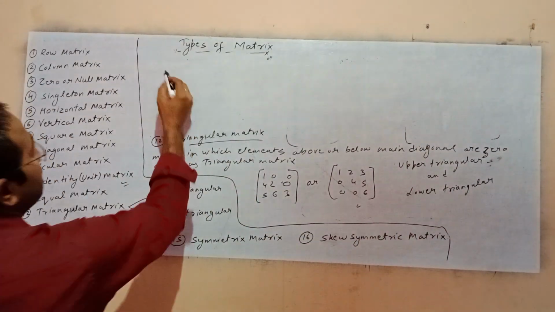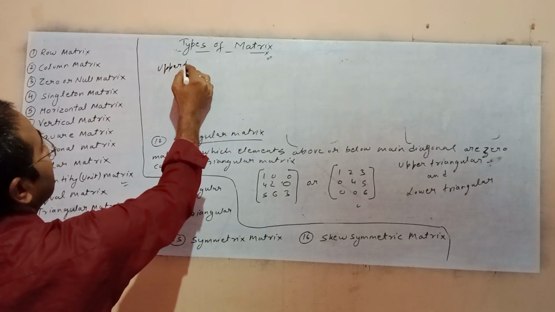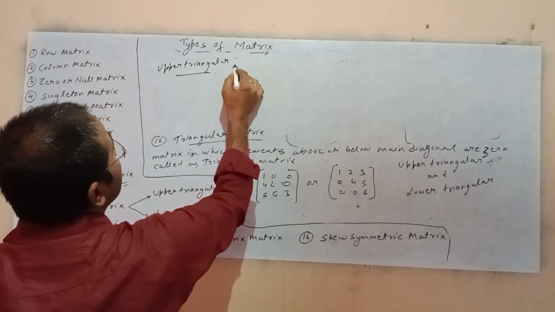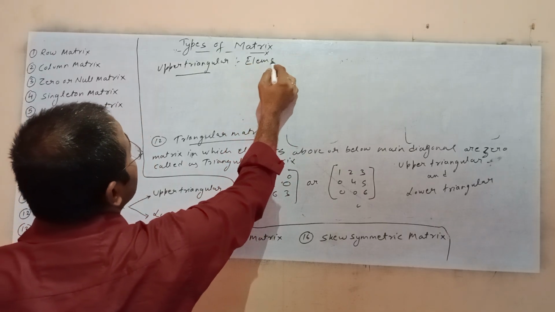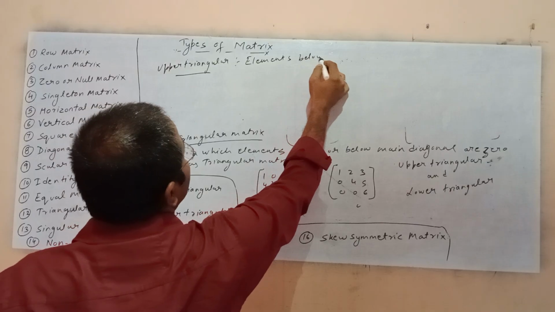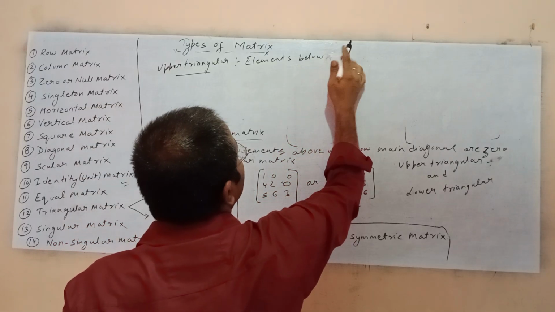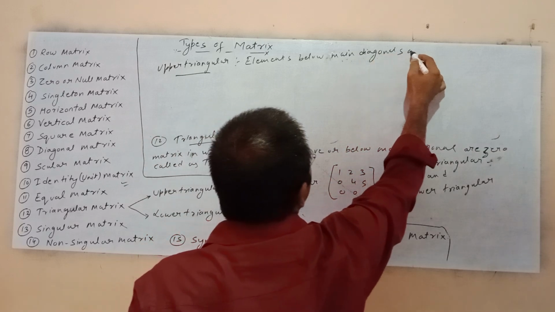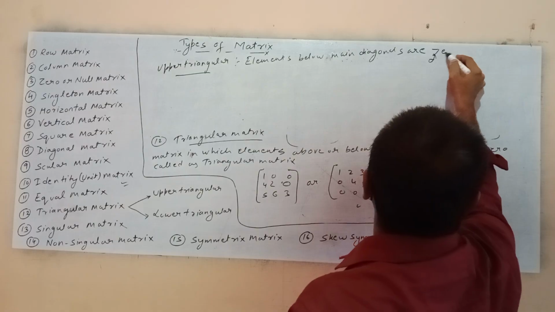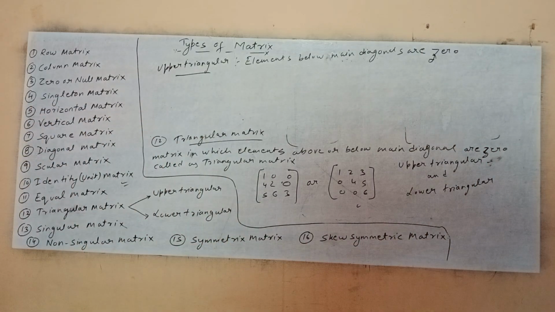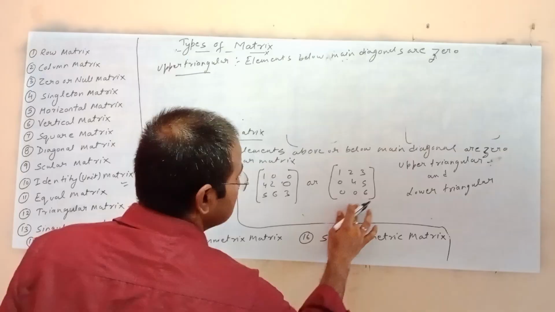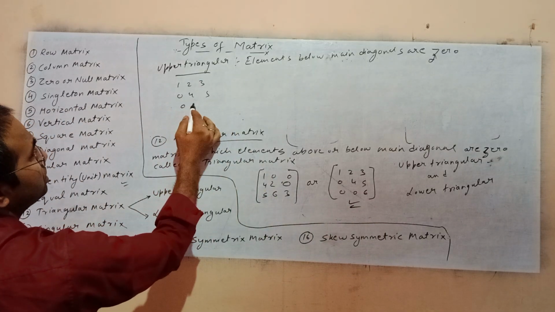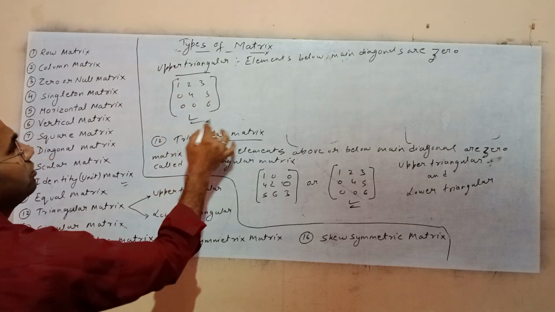Upper triangular means elements below the main diagonal are 0. So here write down 1, 2, 3, 0, 4, 5, 0, 0, 6. This is an example of upper triangular.